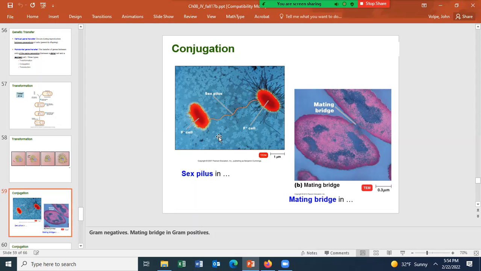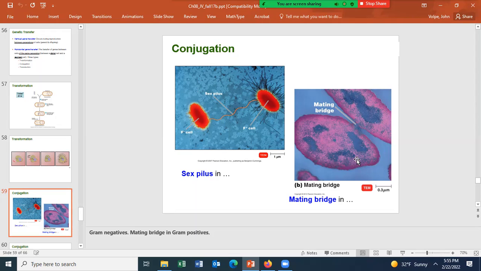The cells do not have to come right next to each other, meaning that the sex pilus is hollow and a plasmid can move from the F plus cell to the F minus cell in sexual conjugation. That's the way gram negatives do sexual conjugation.